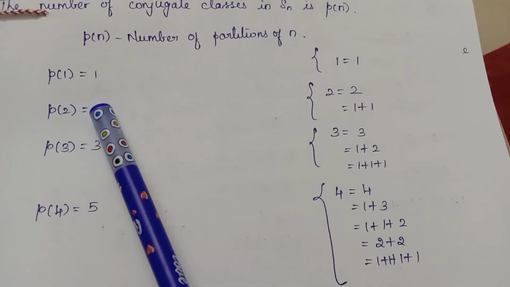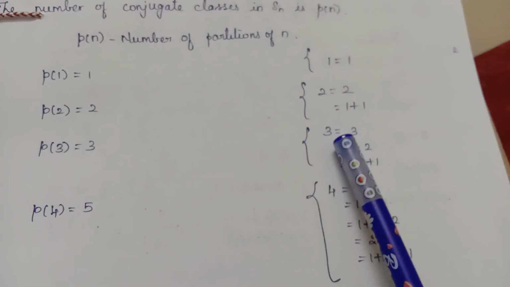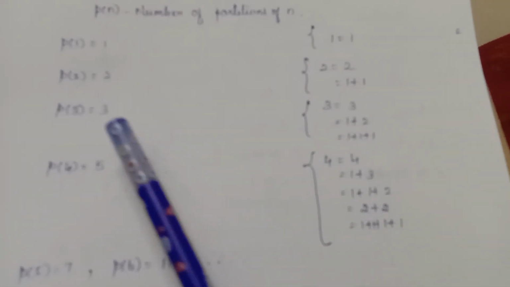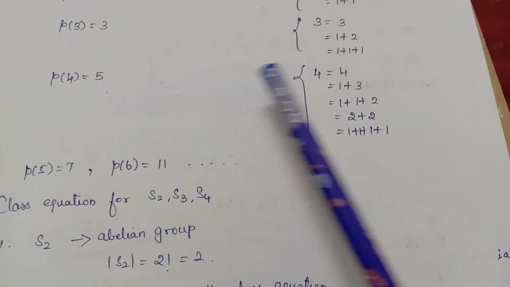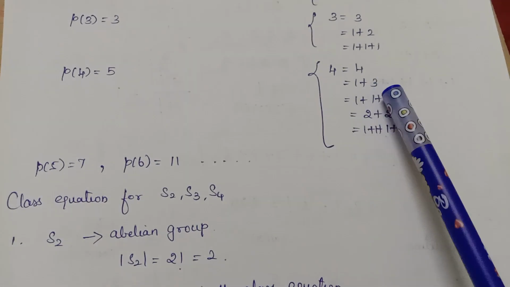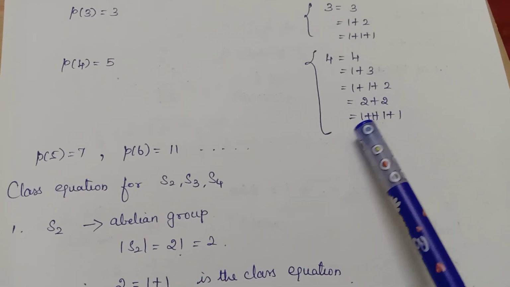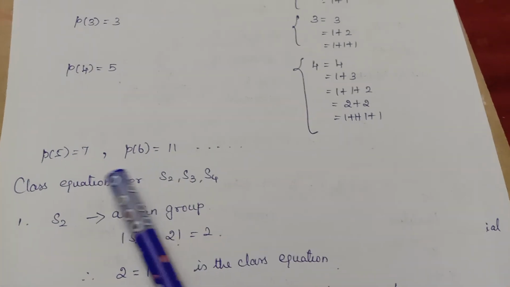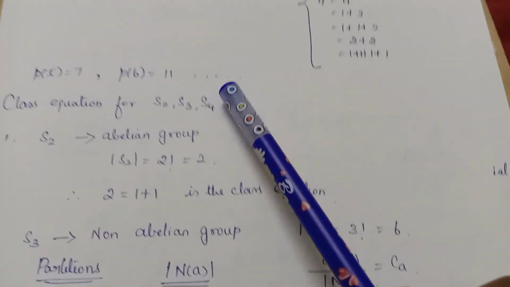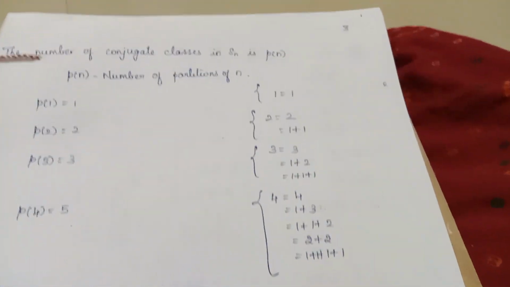Next, 3 can be written as 3, or 1 plus 2, or 1 plus 1 plus 1. So P of 3 equals 3. Next, P of 4 equals 5, because 4 equals 4, 1 plus 3, 1 plus 1 plus 2, 2 plus 2, or 1 plus 1 plus 1 plus 1. So P of 4 equals 5, and P of 5 is 7, P of 6 is 11, and so on. So the number of conjugate classes in Sn is equal to P of n.